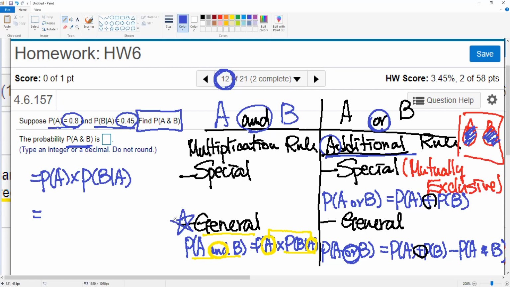But homework number 6 has many other questions, so you can do more practice with other questions. But now simply plug in the 0.8 and 0.45. So the multiplication will be 0.36.